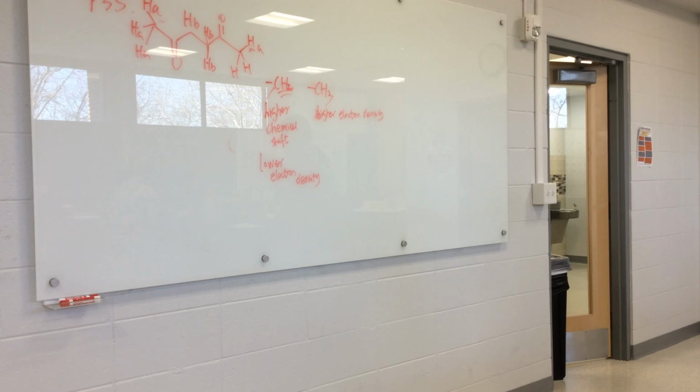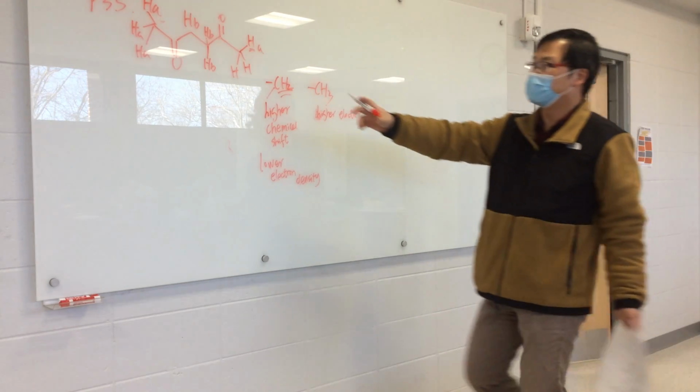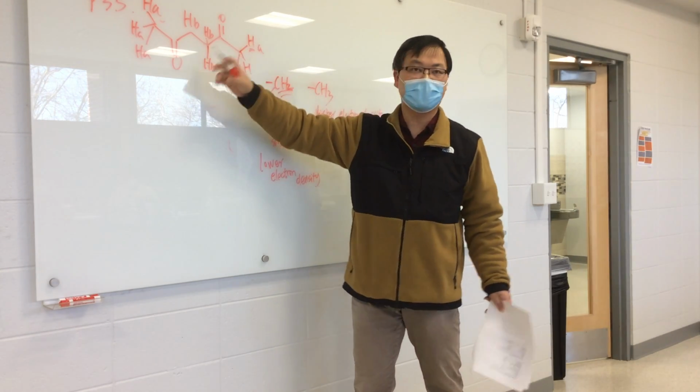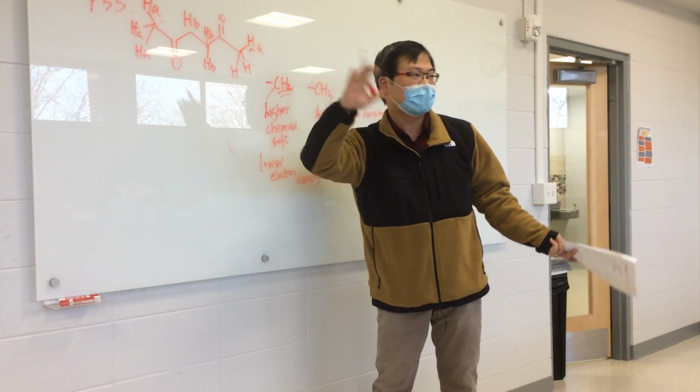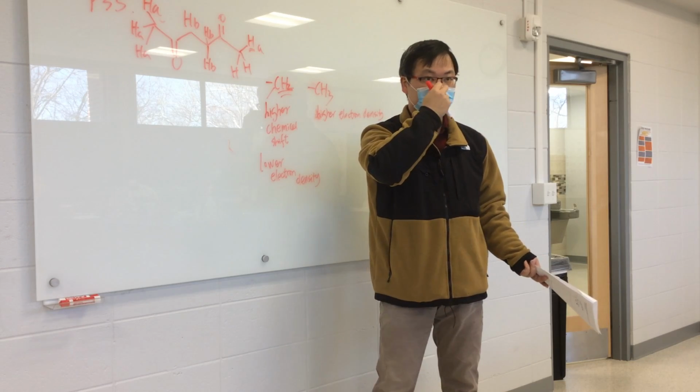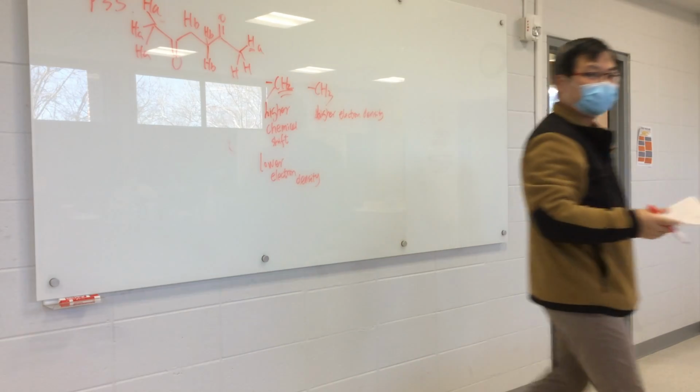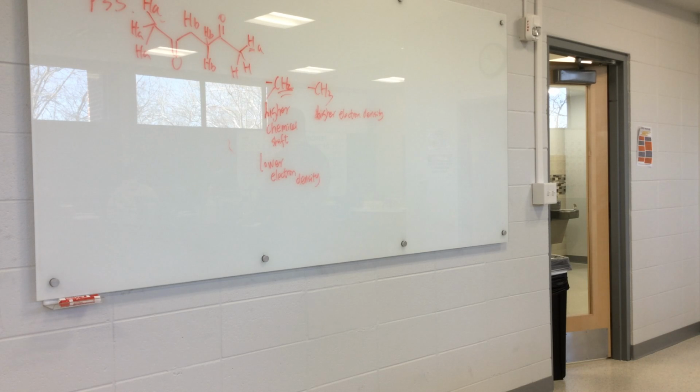There are other factors. Here, for example, hydrogen A and hydrogen B are both 3 bonds away from this oxygen, right? There are some other factors. We cannot just use one. What I mean is, when you take the exam, normally this table won't be provided to you, and there's no need.